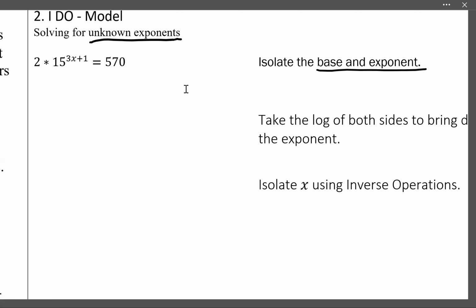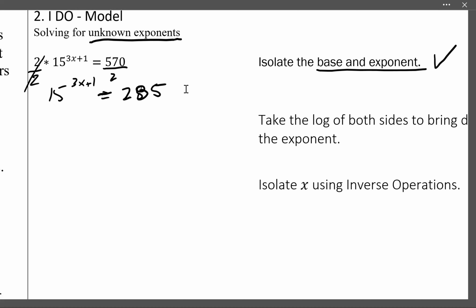Right now, we have 2 multiplied by 15 raised to the exponent. So let's divide both sides by 2. And that's canceled. We're left with 15 to the 3x plus 1 power equals 570 divided by 2 is 285.